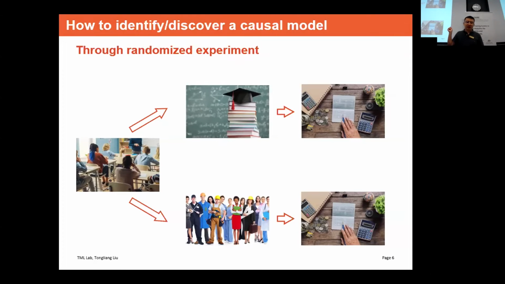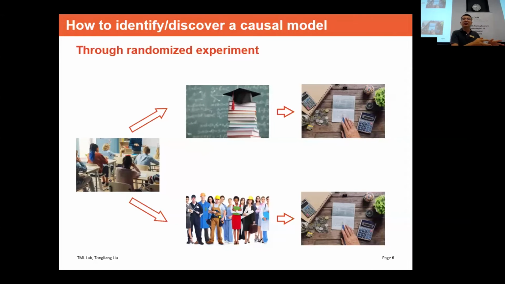Here I would like to show one example of how to analyze whether higher education is a cause of income or not. To do a randomized experiment, we have to recruit a large number of high school students and randomly divide them into two groups.